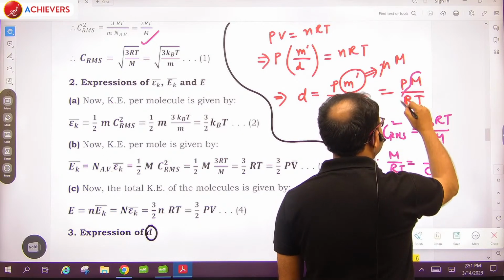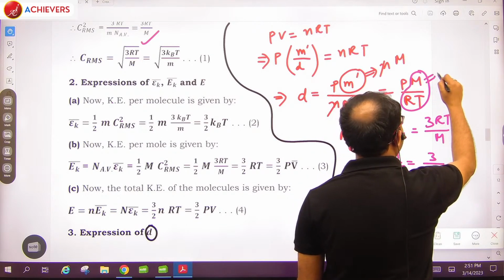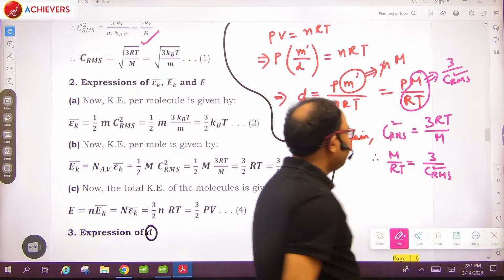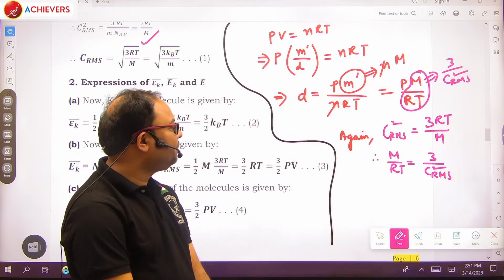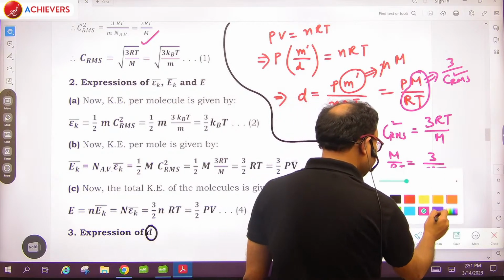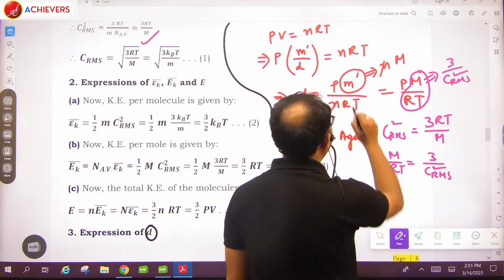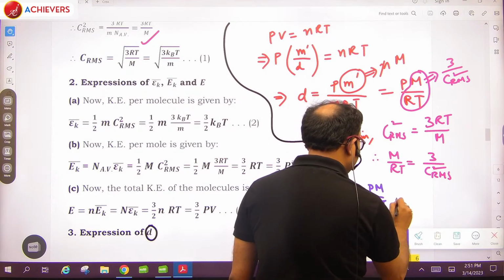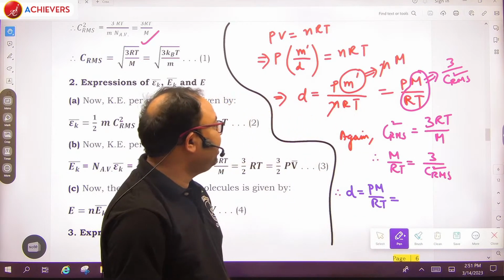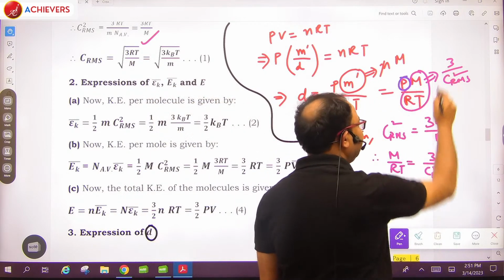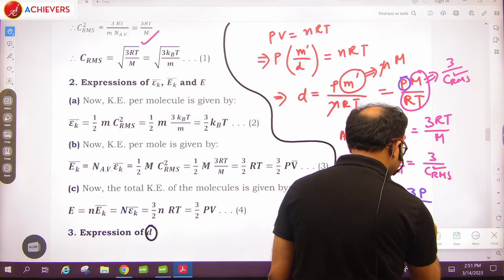So you replace M by RT by 3 by CRMS square. So the expression of density, D equal to P into molar mass by RT, one can also write in this way: 3P divided by CRMS square.